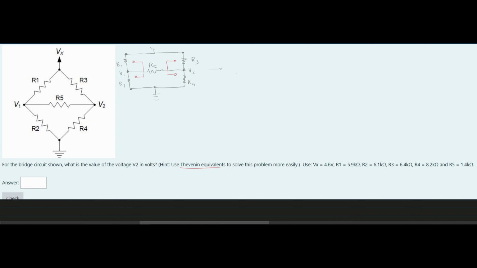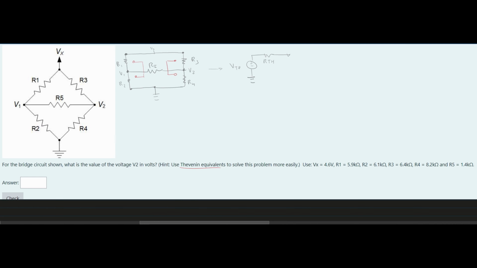If we were to rewrite this, we could short this to ground, and we would have the following. So we would have our ground like this. We would then have our Thevenin equivalent right here. So we would have V Thevenin, and then we would have our R Thevenin. We'll go over how we get those in a second.